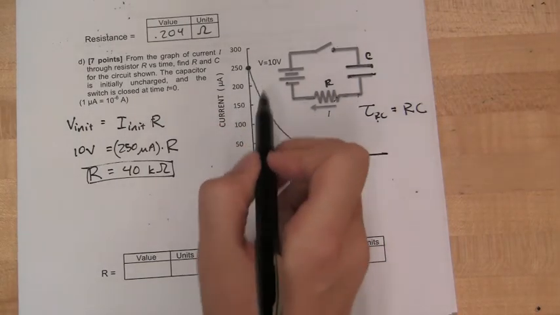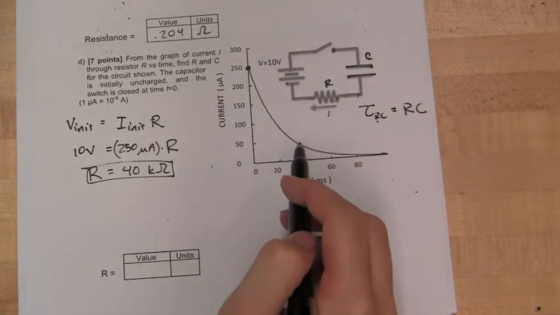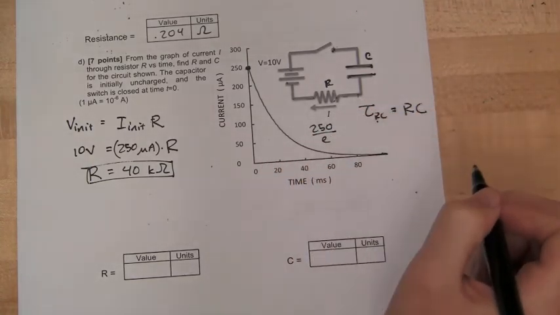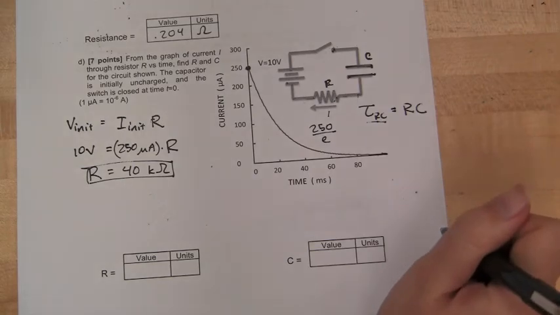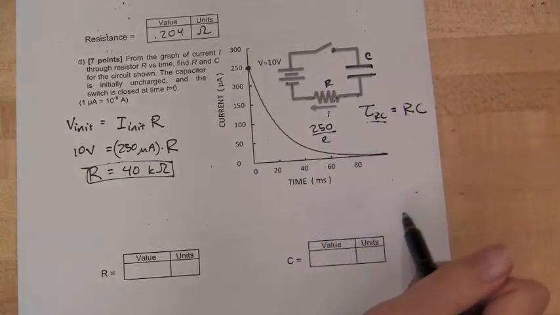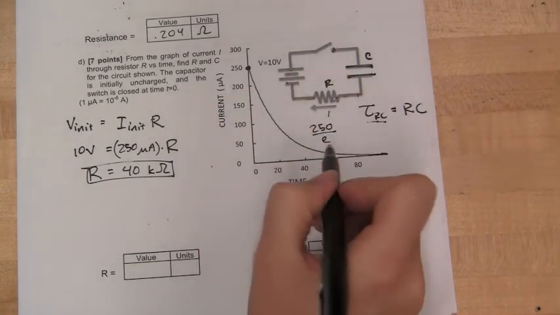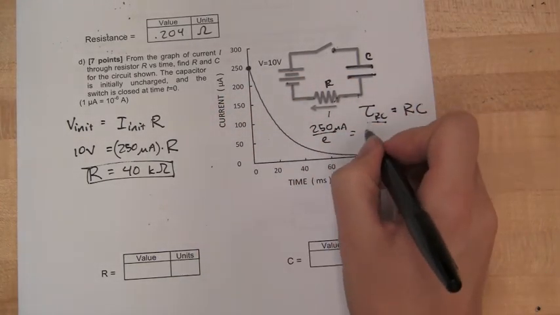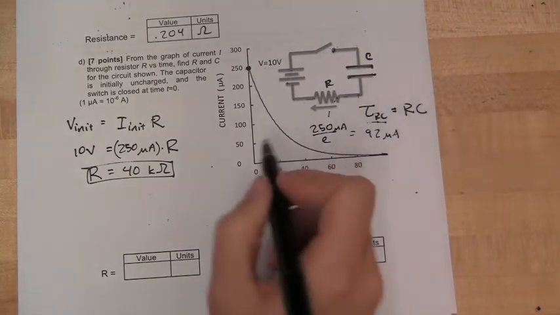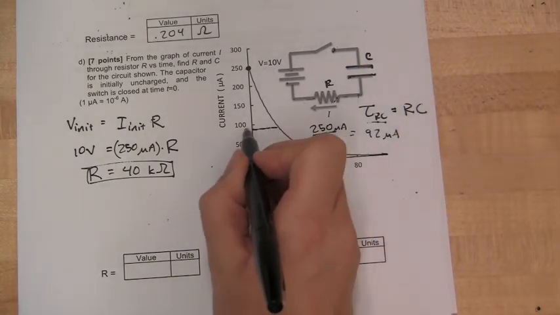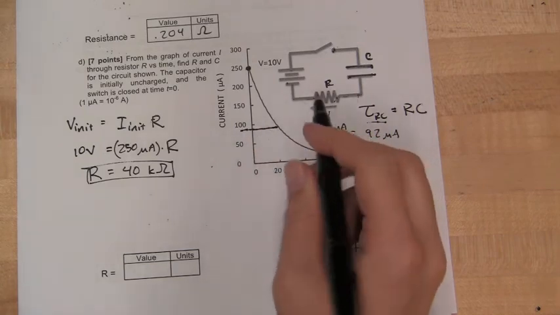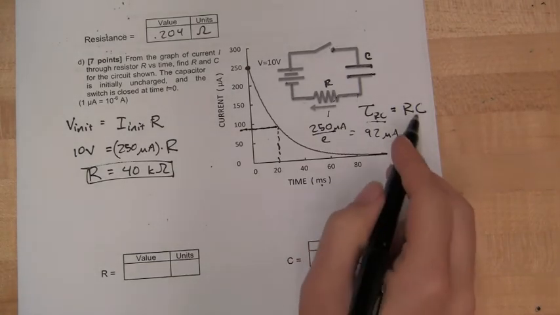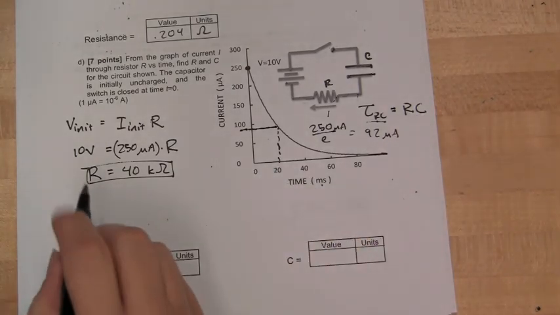So you start off at 250, and it drops to 250 over e at the time when t equals this RC constant. 250 microamps over e is 92 microamps, so sometime down here. You hit 92 microamps at 20 milliseconds, and so your time constant, RC, is 20 milliseconds.